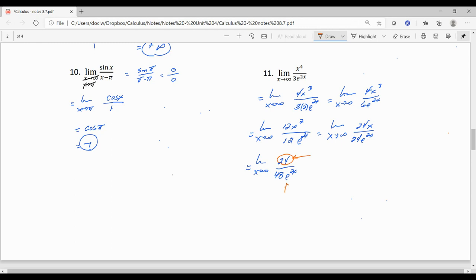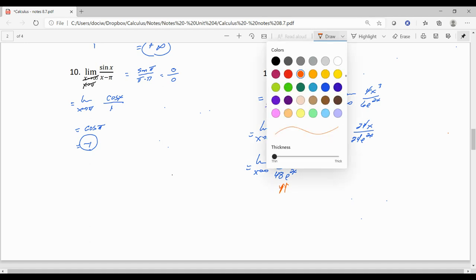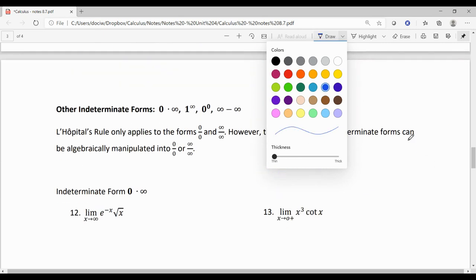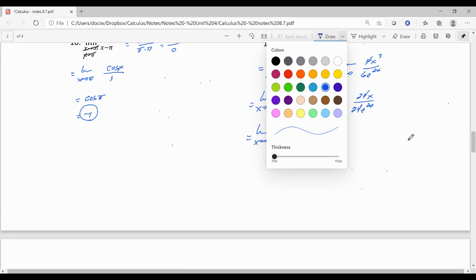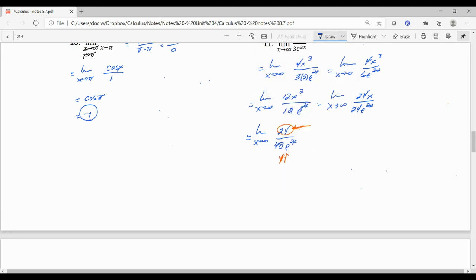E to the 2x is getting infinitely larger. So my denominator is getting farther from 0. My numerator is not. Therefore, we know that what we're approaching is 0 over infinitely increasing values, or approaching 0.